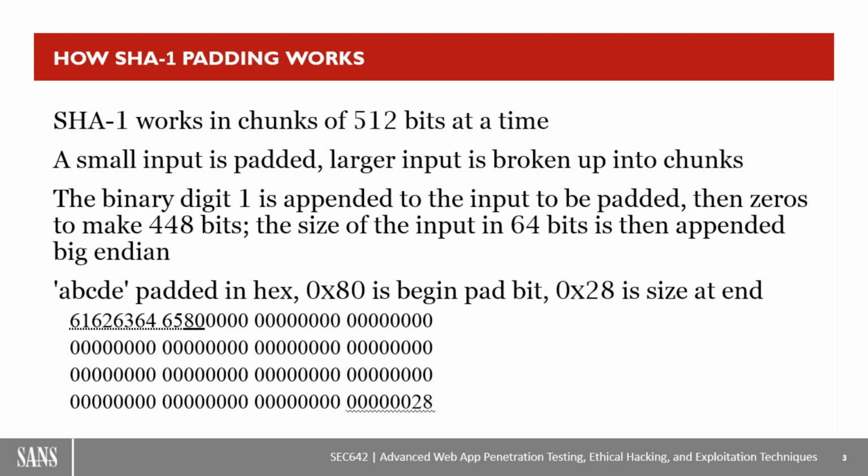That's, if you see at the bottom of the slide, right around here, there's an 80. So 80 means the highest order bit is turned to a 1. So 61, 62, 63, 64, 65, 80. Then all zeros out to 448. Then the last 64 bits is the overall size of the entire message. In this case, hexadecimal 28, which is 5 bytes.